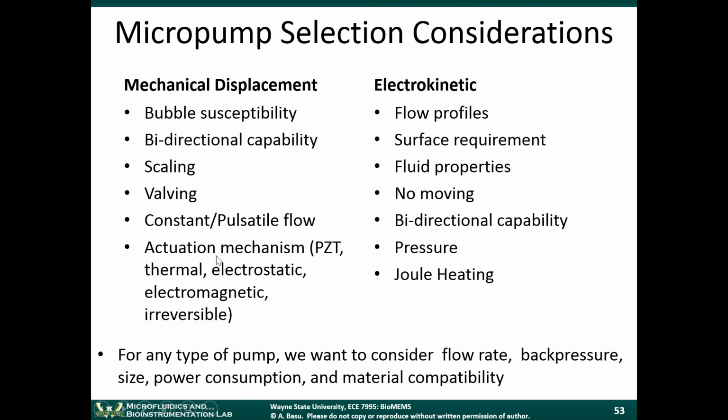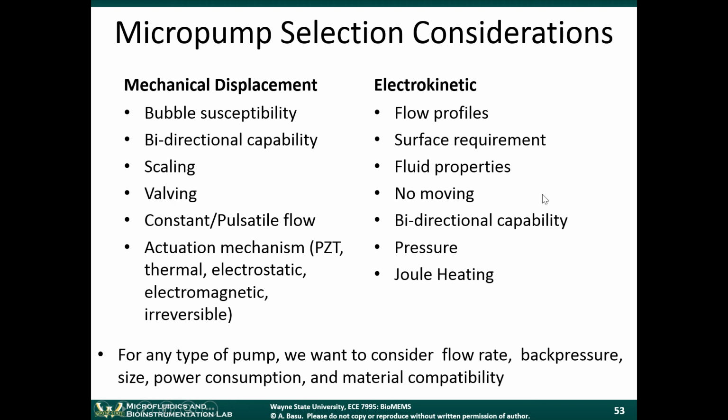With mechanical displacement, you can also do valving, you can generate constant or pulsatile flow, and you have a bunch of different actuation mechanisms to choose from depending on your application. We talked about PZTs, thermopneumatic, electrostatic, and electromagnetic ways. These are all ways that you can actuate a diaphragm.